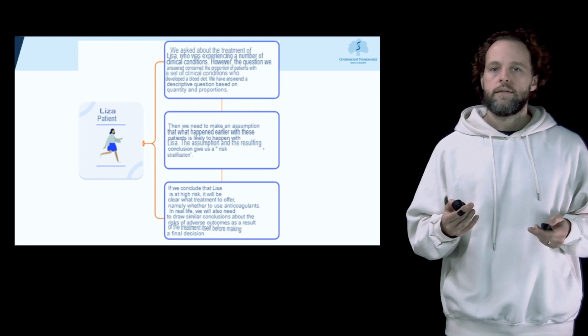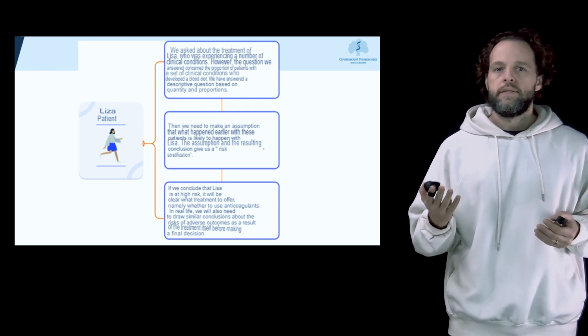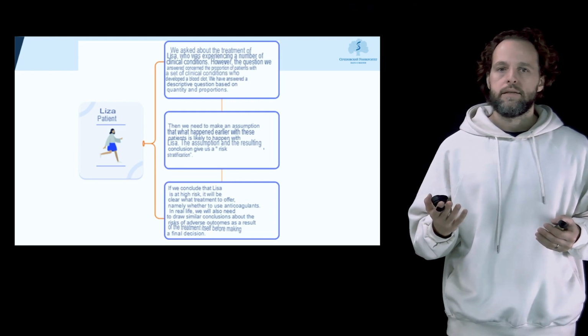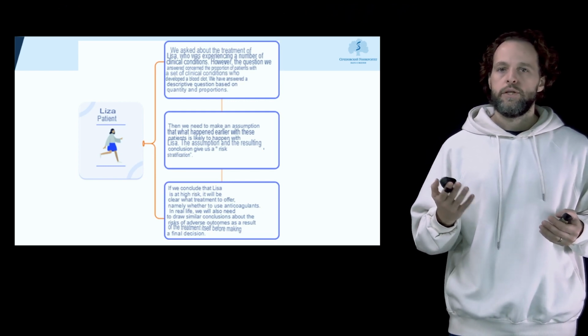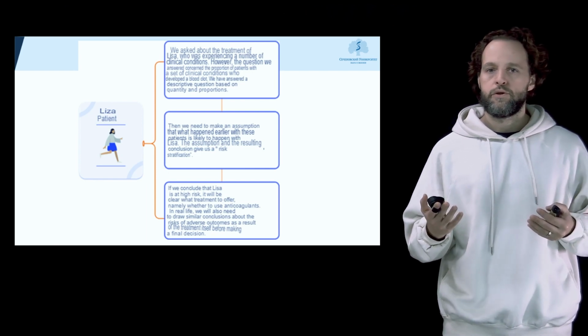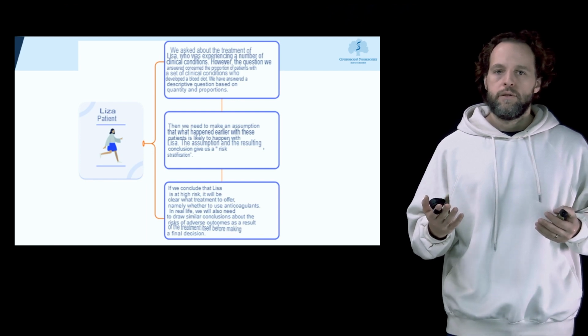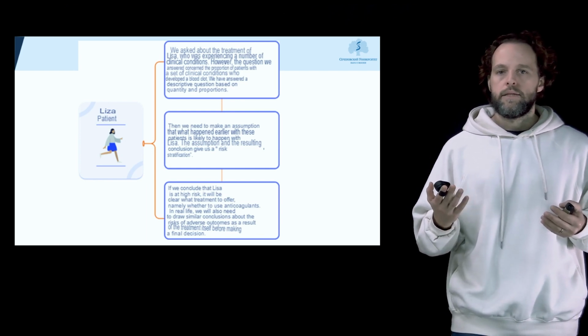So we asked about the treatment of Lisa, who was experiencing a number of clinical conditions. However, the question we answered concerned the proportion of patients with a set of clinical conditions who developed blood clots.